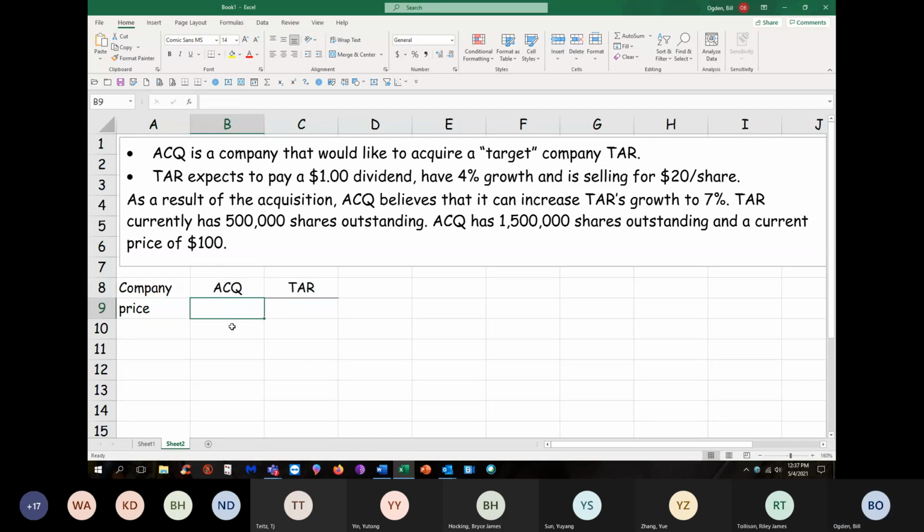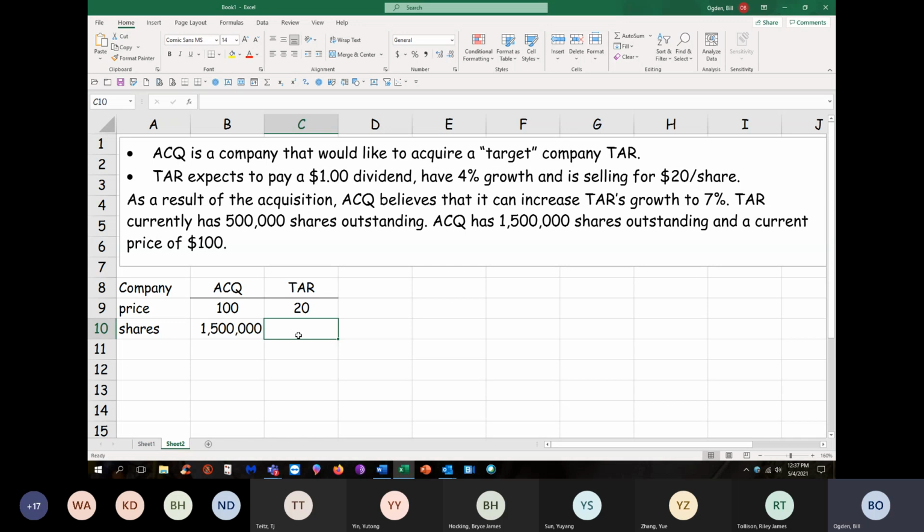Our price says that ACQ is selling for $100, and TAR is currently selling for 20. We have shares, and ACQ has 1.5 million. Always use commas. You're dealing with millions, no pennies.